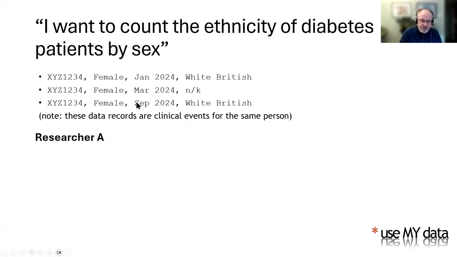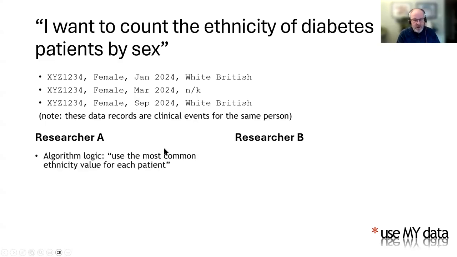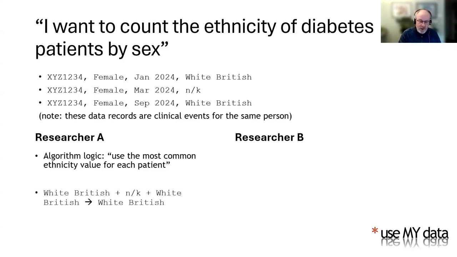Well, here we have two researchers, researcher A and researcher B. Researcher A will say, okay, my logic here: I'm going to use for each person the most common ethnicity value that I see across their records, their events. So in this case, they'll say, well, I've got white British twice and not known once, so I'm going to say that person is white British. That's going to be my assumption. These are the things that researchers do all the time to work with poor data, with incomplete data.